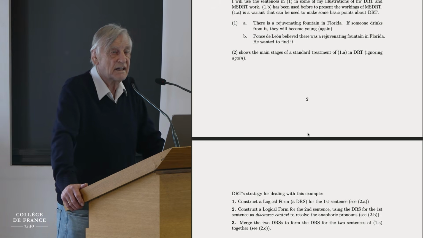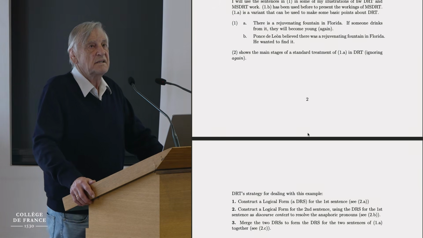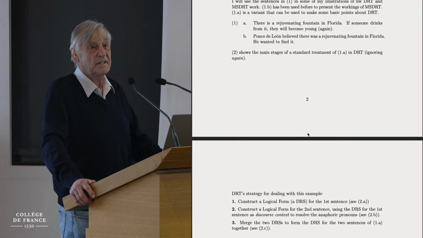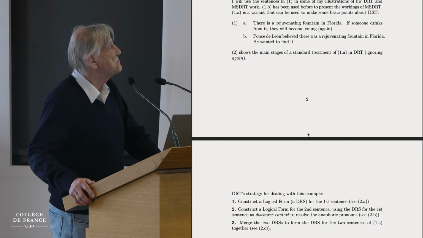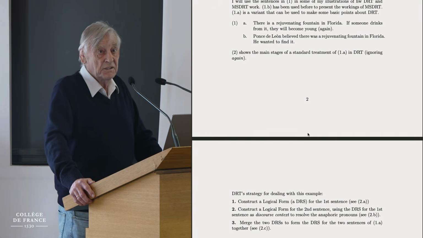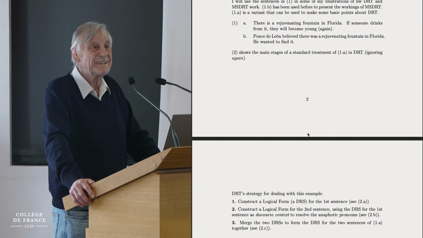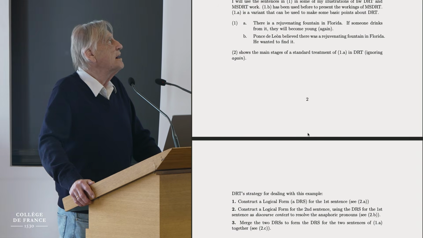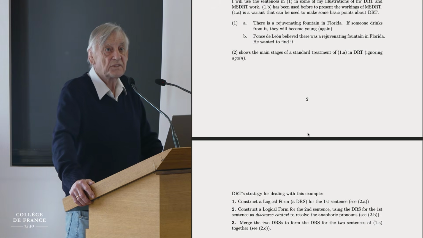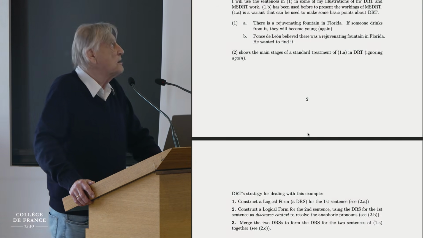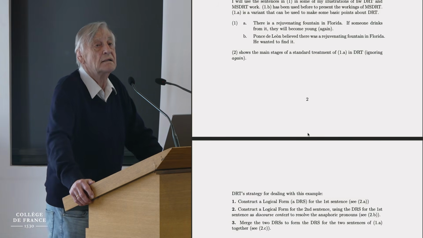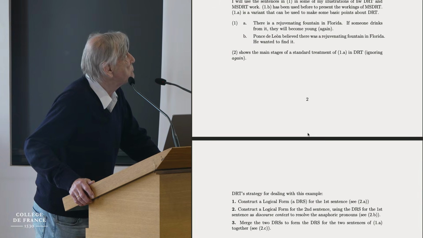It's complex in the sense that what is attributed by it is a combination of two propositional attitudes of different kinds, a belief and a desire, and the content specified by the attribution of these two attitudes actually stand in a certain relation which is conveyed by the anaphoric connection between the pronoun it in the description of the desire and its anaphoric antecedent, the indefinite a rejuvenating fountain in the specification of the belief.